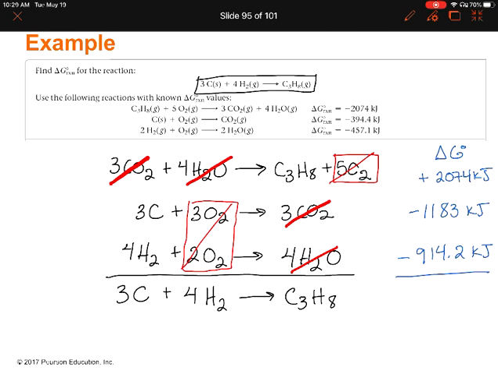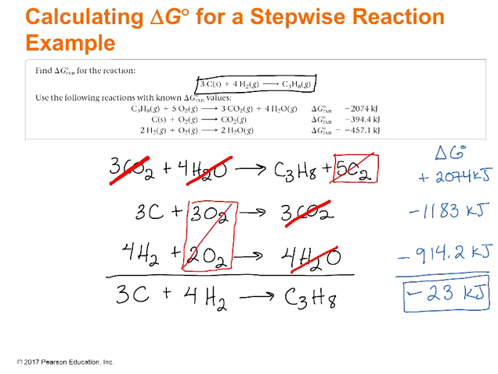So we're going to take 2074 and subtract 1183 and then subtract 914.2. So we should end up with negative 23 kilojoules for our delta G of reaction. So is this a spontaneous reaction or a non-spontaneous reaction? So delta G is negative, so it is spontaneous.